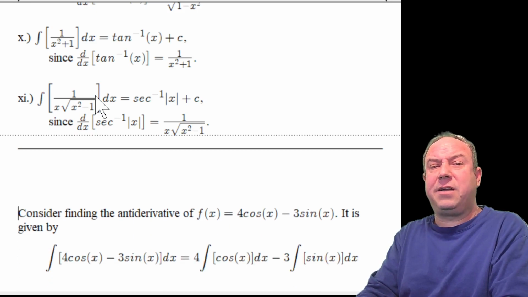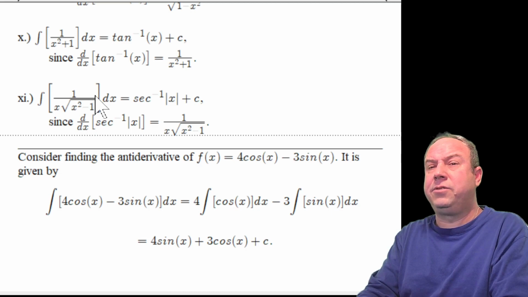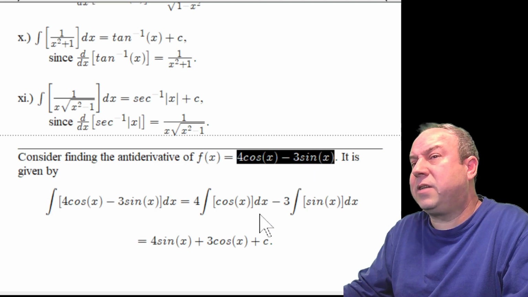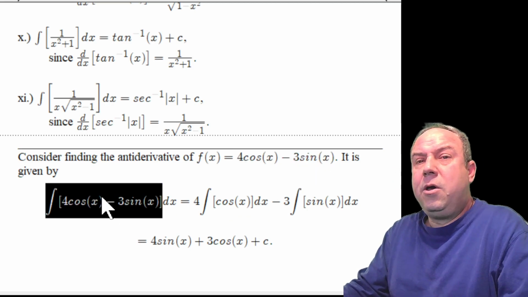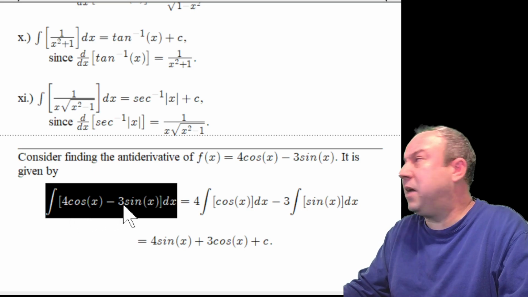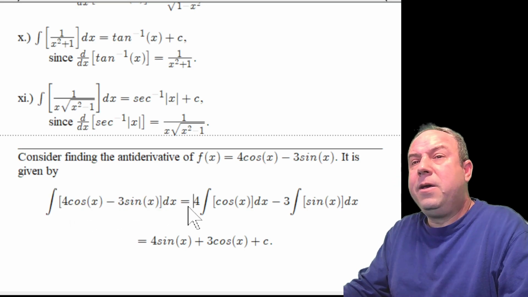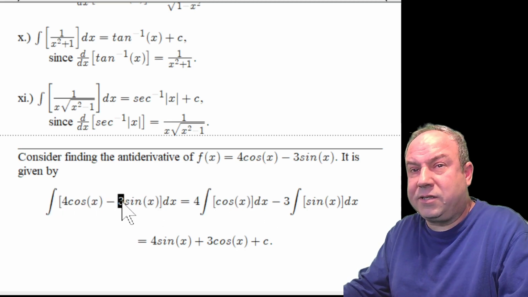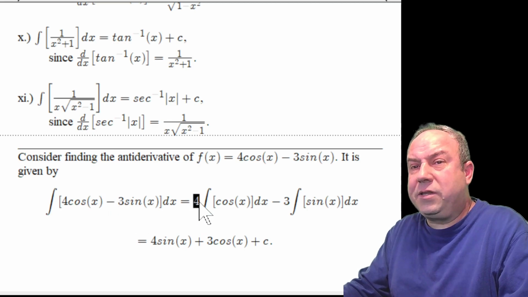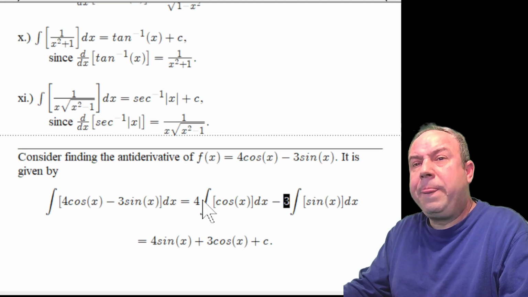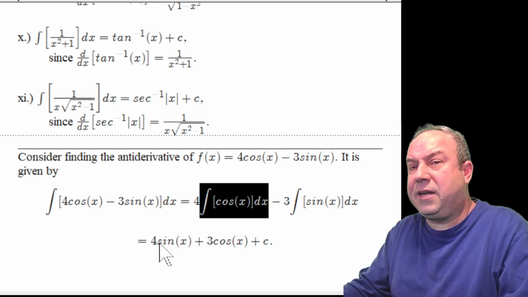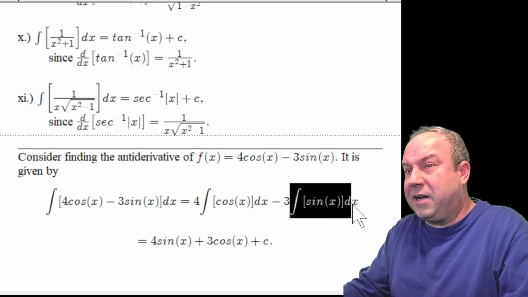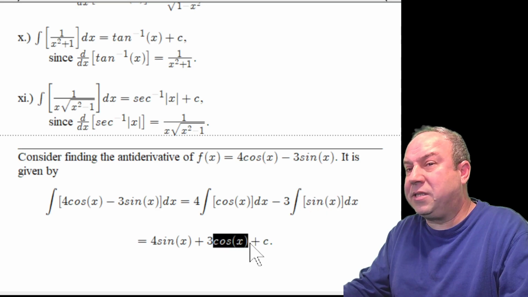Consider finding the antiderivative of the following, folks, applying these rules. Well, if we think about the antiderivative of 4 times the cosine of x minus 3 times the sine of x, the antiderivative of 4 cosine x minus 3 sine x dx must be equal to... If we distribute that antiderivative operator across this difference, and then treat the 4 and the 3 as constant multiples, we'll be left with 4 times the antiderivative of cosine x, which we know is just sine x, minus 3 times the antiderivative of sine x, which we know is opposite cosine.